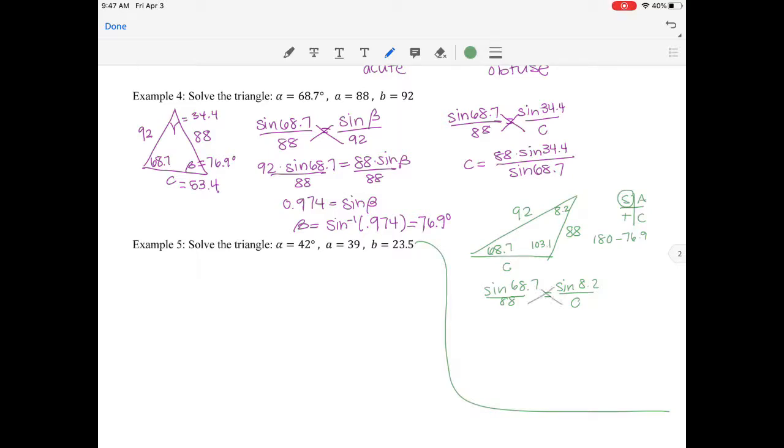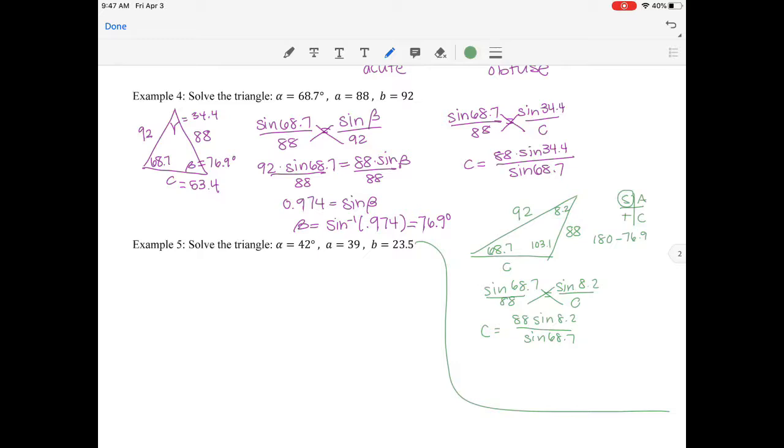Similarly, I could have done sine of 103.1 divided by 92, and I would have gotten the same result. So cross multiply, and we get that c equals 88 sine of 8.2 divided by sine of 68.7.